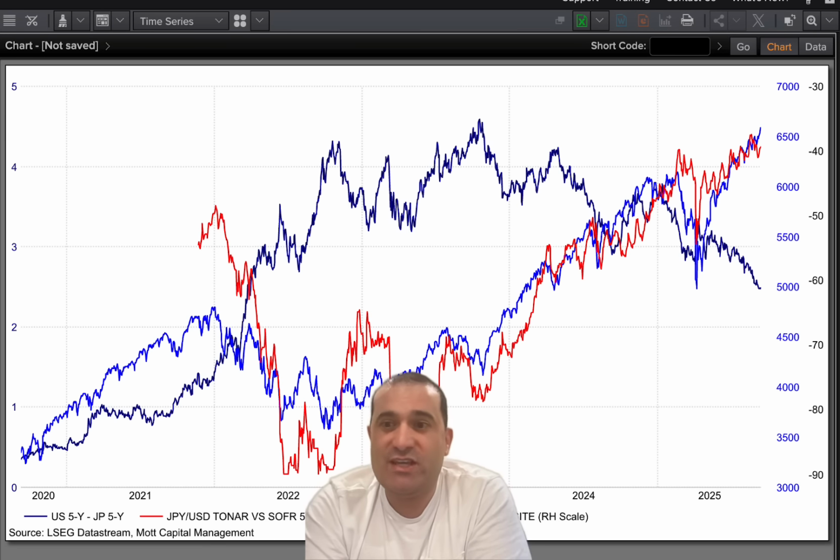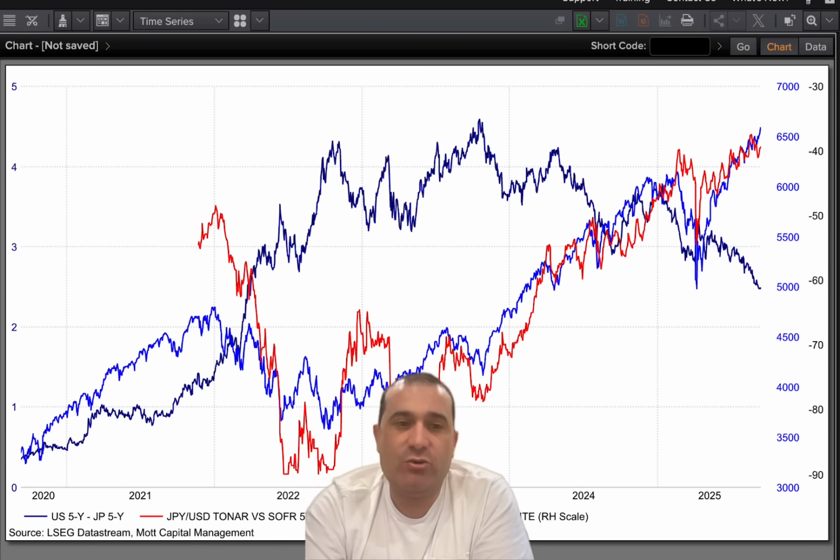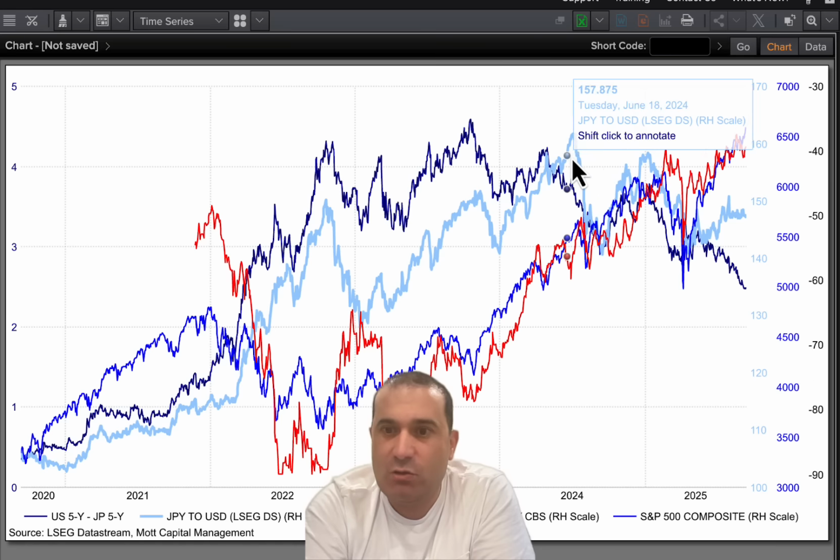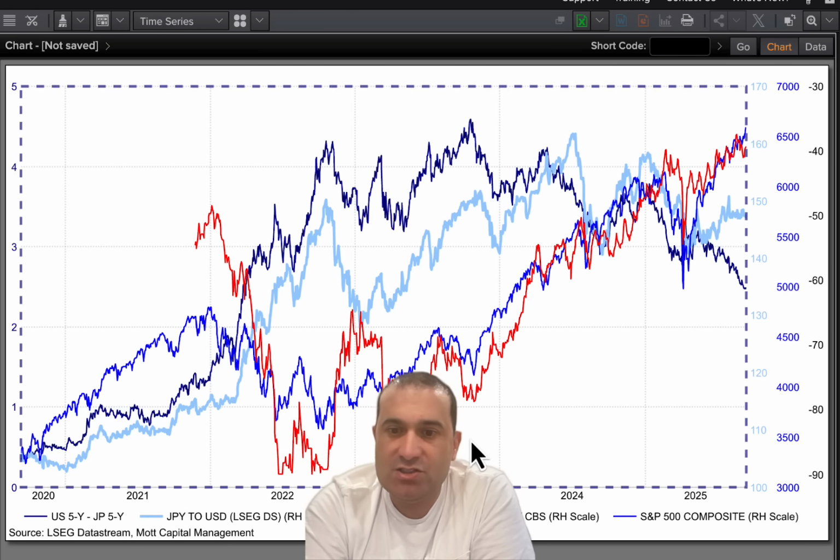It's quite possible then that at some point the weight of the spread narrowing begins to pressure the market in such a way that you begin to actually see the yen break down and that trade unwind, in a similar way to what we saw happening here in August of 24.